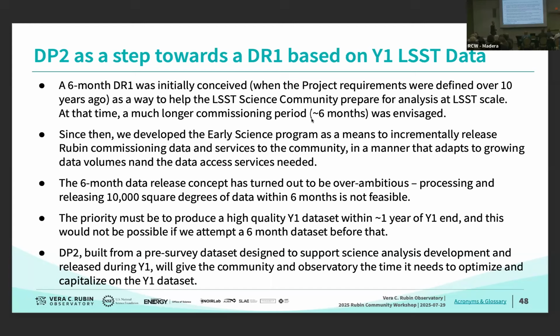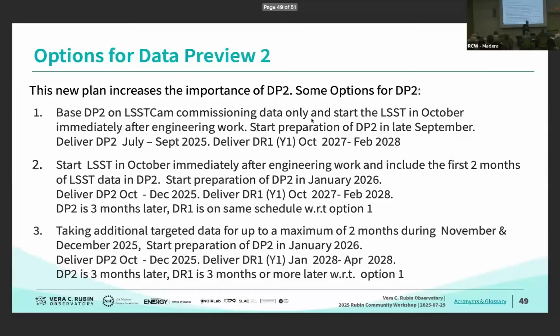We think that that's already doing a good job of that. So we think that we're meeting the goals of that release, but just the realities of getting that produced means that it'd be better to focus on DP2 and a 1-year data release. And I think this is going back to Leanne to talk about options.